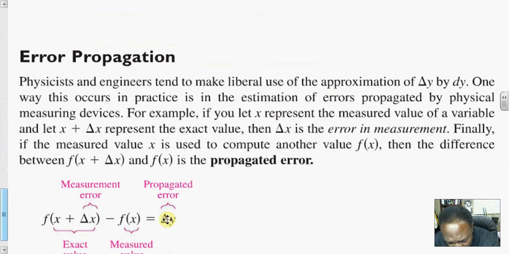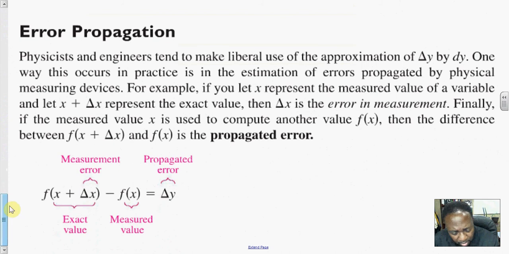The propagated error is in the resulting function form. So here the change in y is what is to be examined or to be sought for. Delta x is the measurement error. And so it's interesting philosophically that within the exact value there's error.